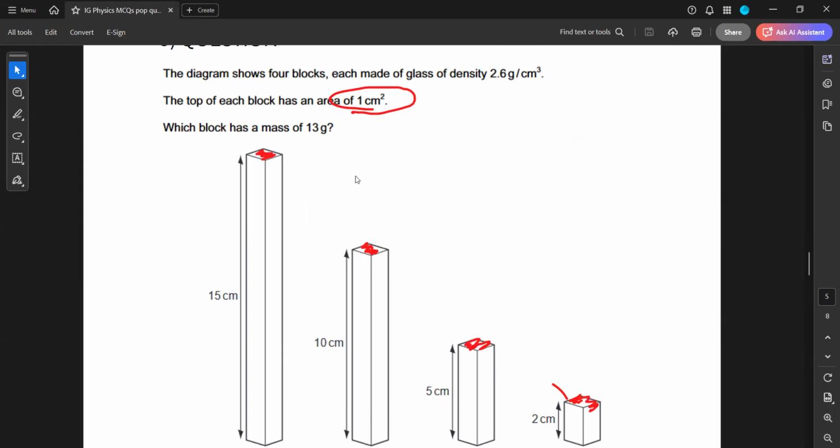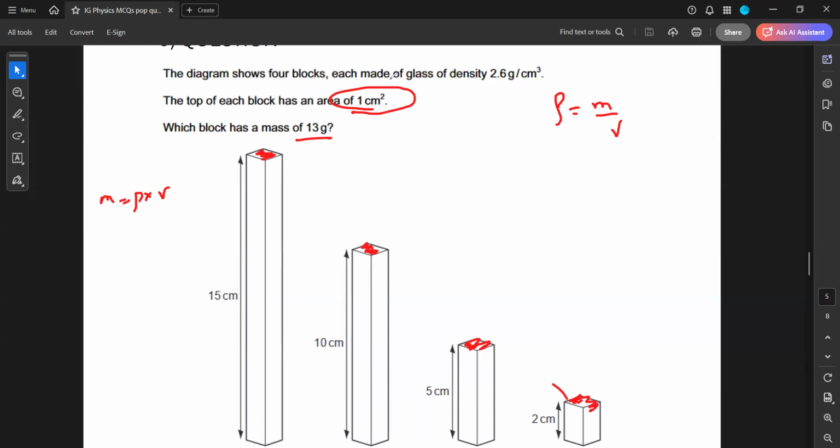Because we need the mass here, we have the formula that density is mass divided by volume. So mass will be density multiplied by volume.